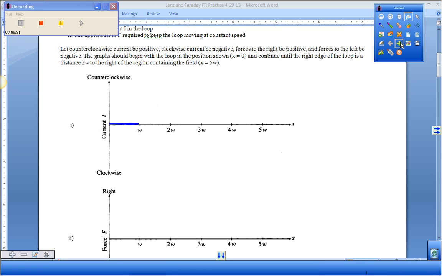So if we jump back a couple screens, when we go to plot that current, our current is going to be jumping up to a positive value the whole time the right edge of that wire is moving into there.